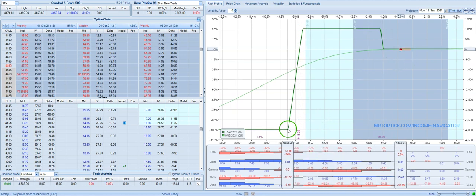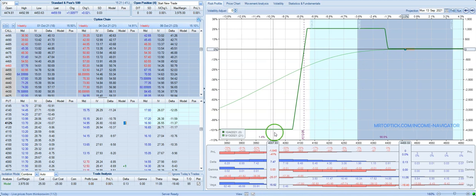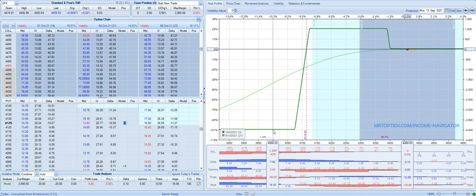Obviously, I am not looking to risk all of the $4,000 that will be required to put up with your broker in order to enter this trade. My stop is going to be on the break of the break even to the downside, which is right around 41.15. So if S&P 500 moves below 41.15, I'm going to stop out of this trade. I'm going to take a loss and I'm going to move on to a different trade.